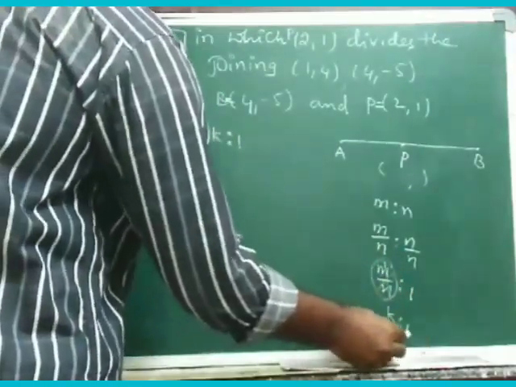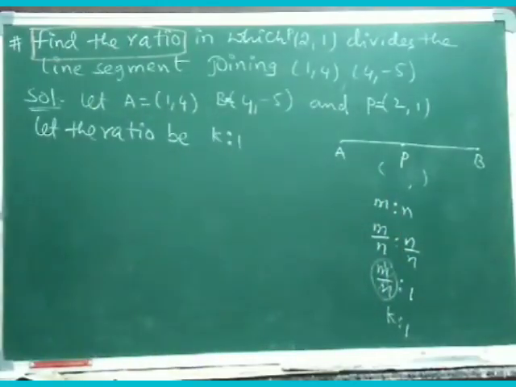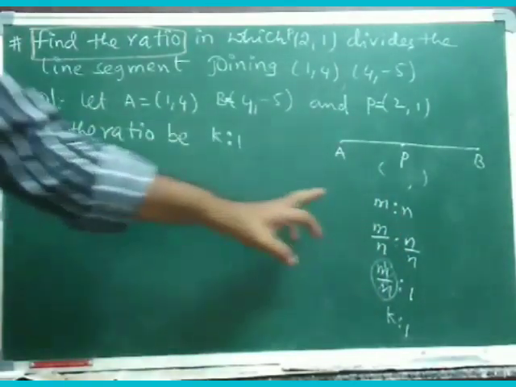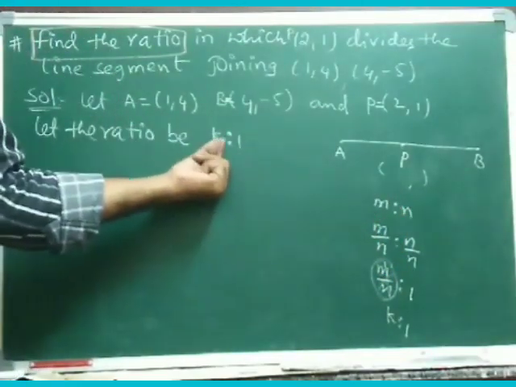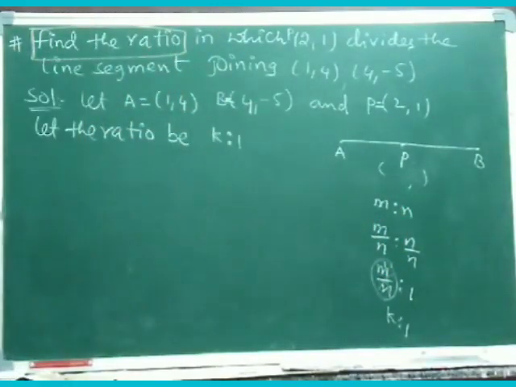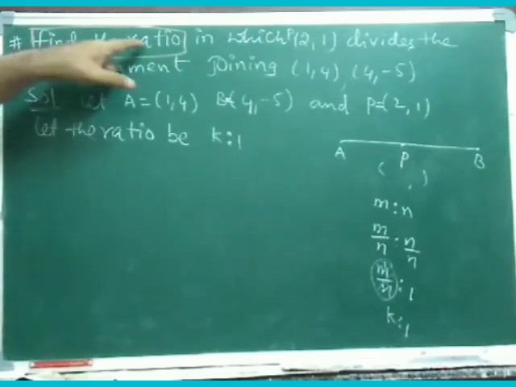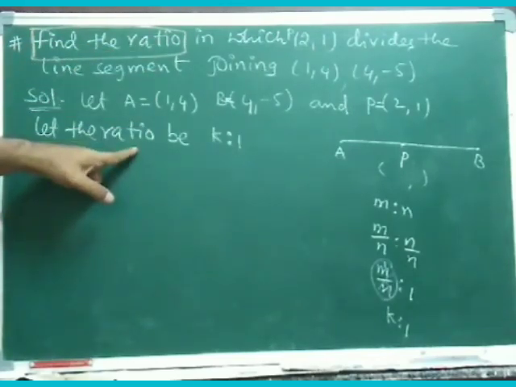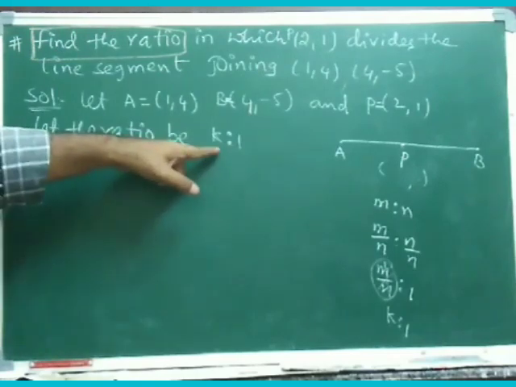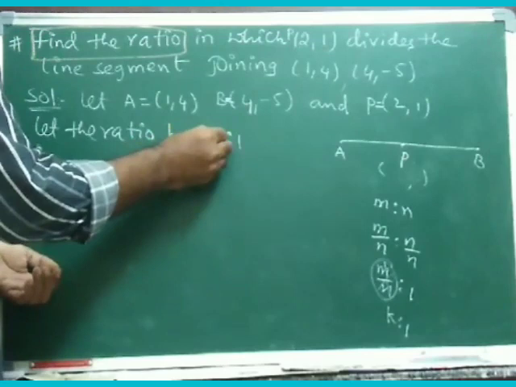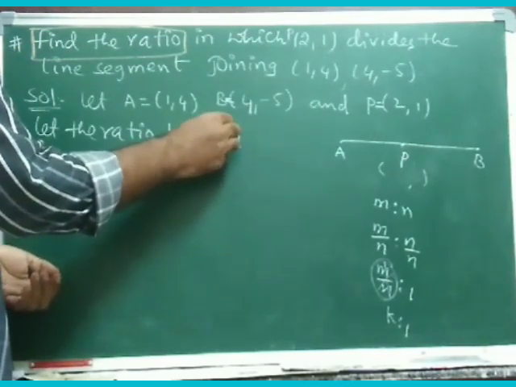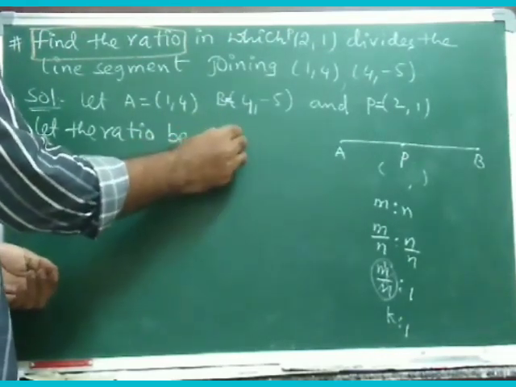Don't worry, k:1 is nothing but m:n itself. But instead of assuming both are unknown values, if you assume like this, k:1, the simplification will be a little bit easy. Right? So please remember that whenever the question is find the ratio, you better start your solution with: let the ratio be something is to 1, k:1, p:1, etc. You can also proceed with m:n, but this is the simplest way.